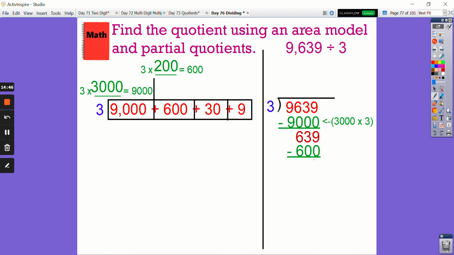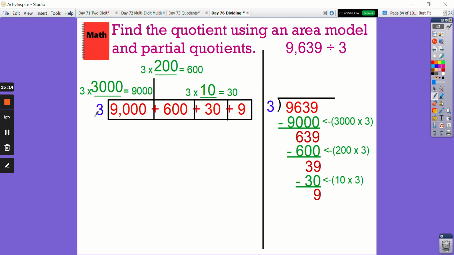And when we pull out 600, we do that by 200 times 3. Subtract, we get 39. Next, we're looking at our 30. 3 times what is 30? Hopefully you're thinking 10. So next over here, when we pull out 30, we're doing that by multiplying 10 times 3. Subtract, we have 9 left.